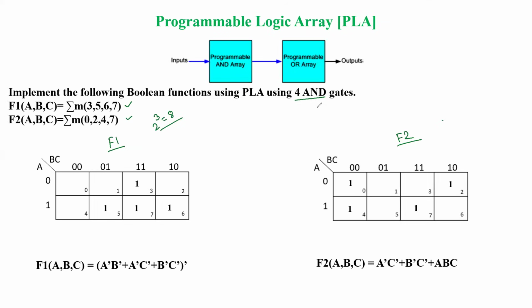If you look at both K-maps for F1 and F2, we don't have any common combination here, so the number of product terms is more. In this case, we have to take the complement of any one function. Sometimes we can do F1, F2 without complement, or with complement for F1 and with complement for F2. Then we'll see which combination gives us 4 AND gates.